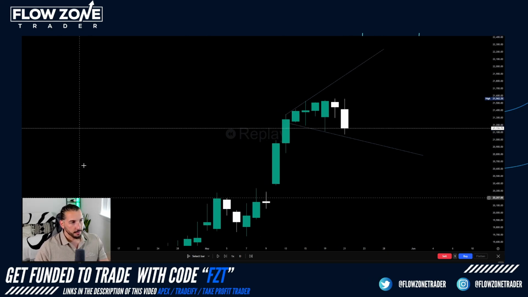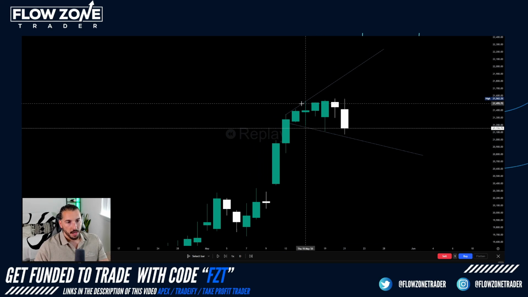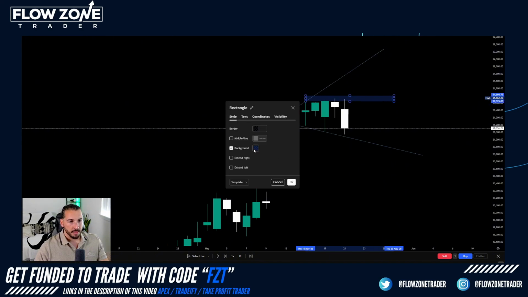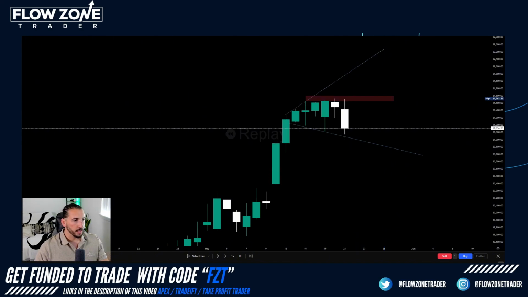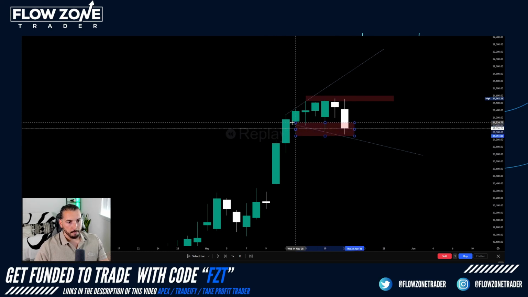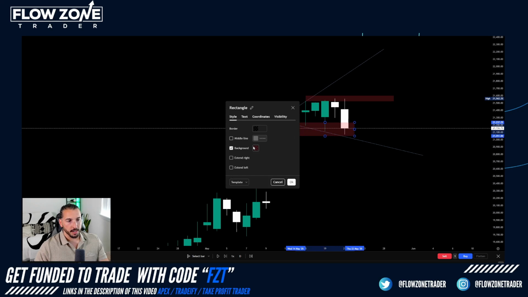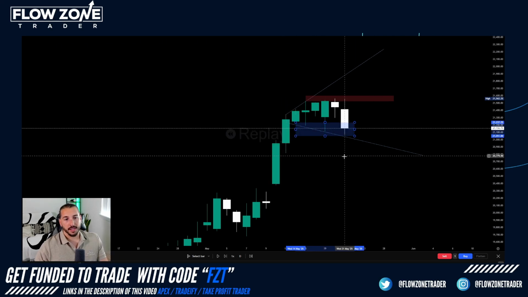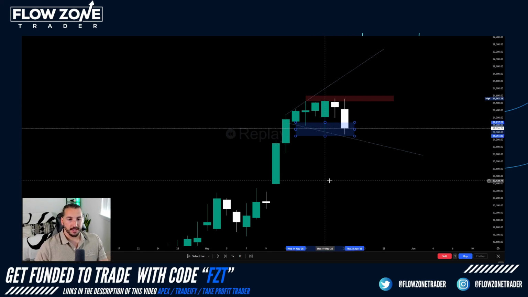Once we get through this megaphone pattern, we can then identify where sellers keep coming into the market. You can see these wicks on the daily. This is where sellers are entering the market. And down here, this is where buyers keep trying to absorb the market. On top of that, you have this dynamic megaphone. This is your support down here and resistance up here.